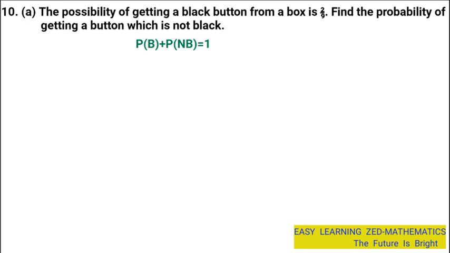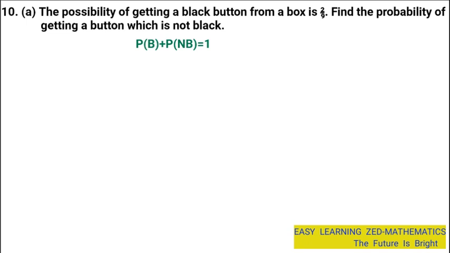We have a chance of getting a black button or not a black button, and together the probability of these two is 1. We are going to come out with 1 button, either black or not black. That's why we have put 1 at the end there.